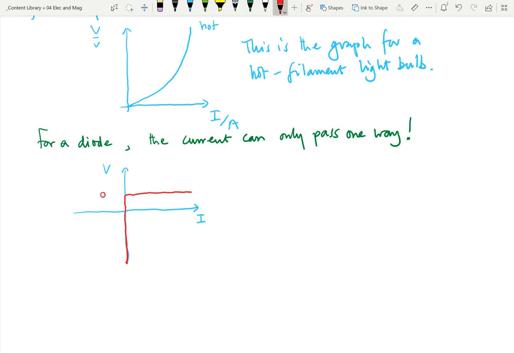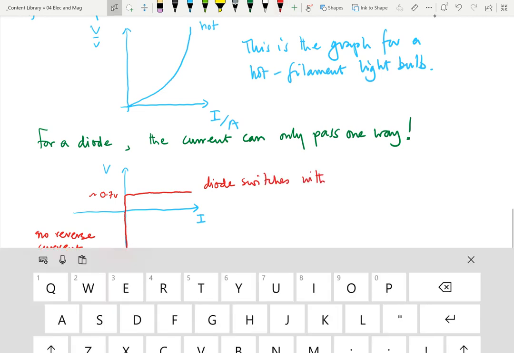It usually happens at about 0.7 volts. So what this graph is showing is no reverse current, and then the diode switches on with what they call forwards bias.